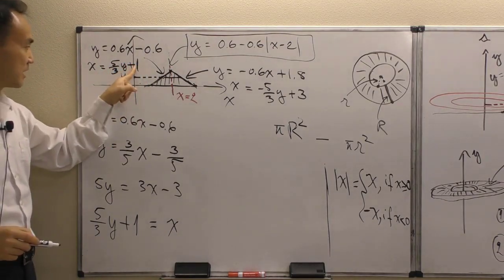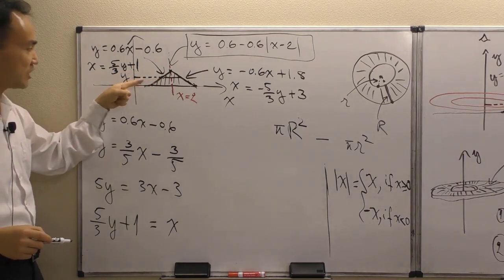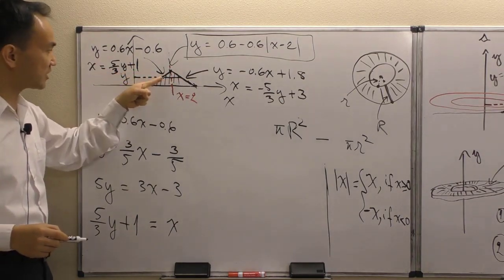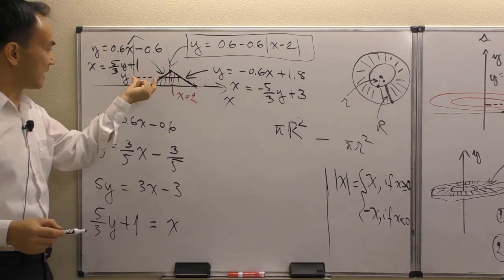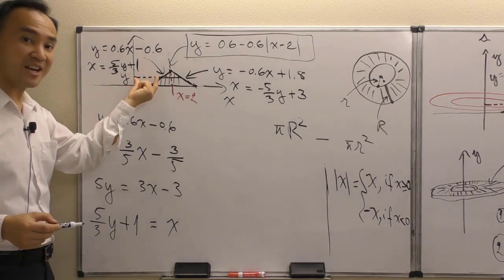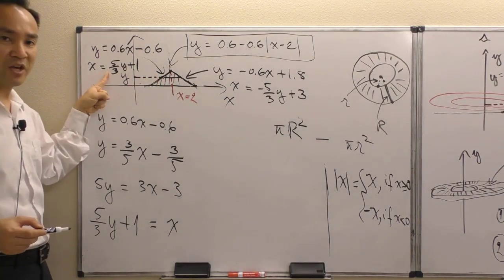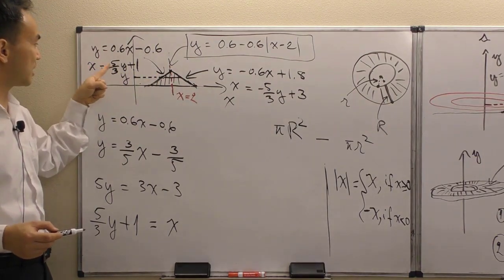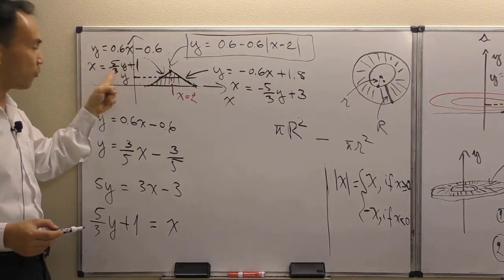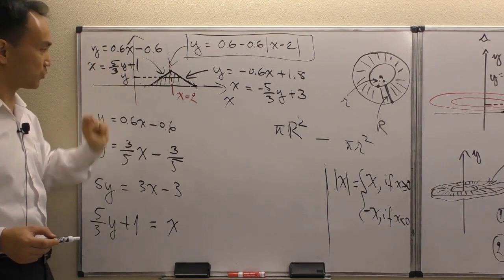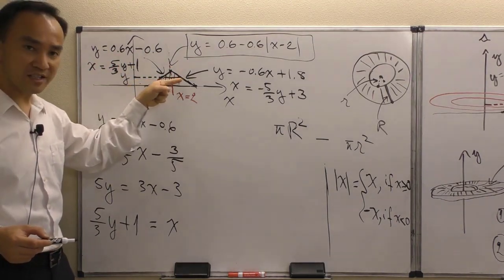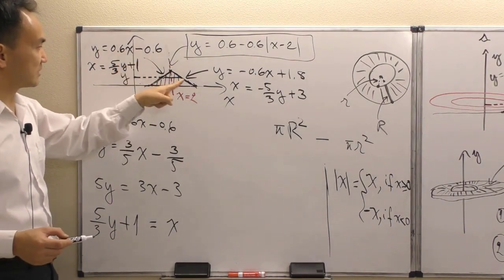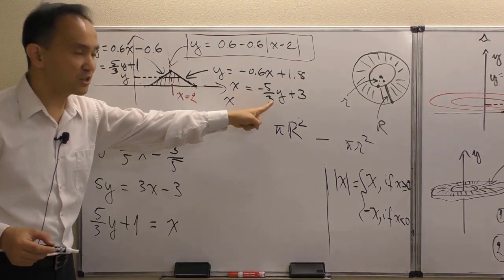And that's how I express this closer curve. So any stripe being placed this way, when it hits the closer curve, that distance, that radius, is found as a function of y now: 5/3 y plus 1. Whereas the longer radius is x equals minus 5/3 y plus 3.